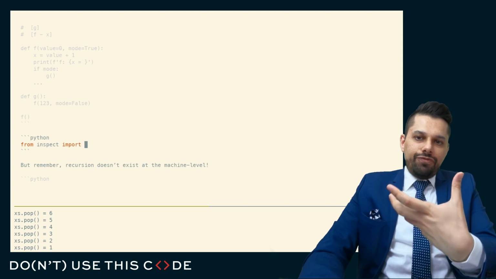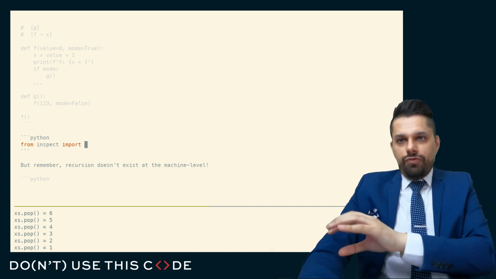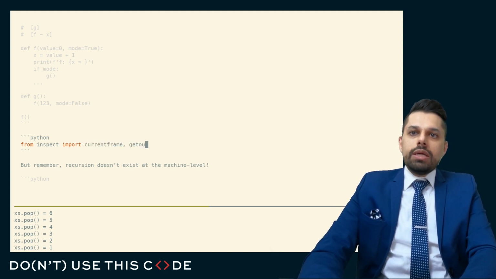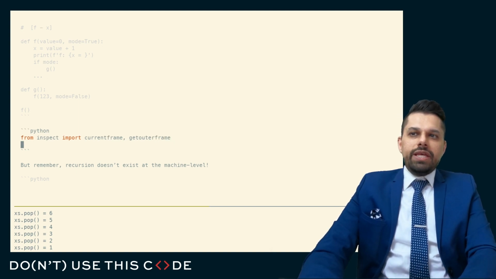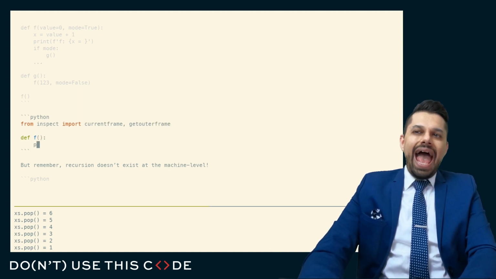In fact, all of the frames that store all the local variables for a Python function are heap allocated, which means we can actually take a look at the local variables of a function after the function has completed running.